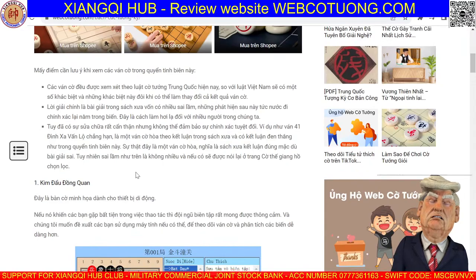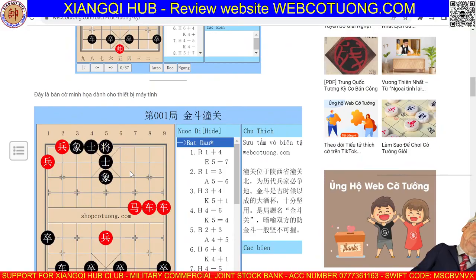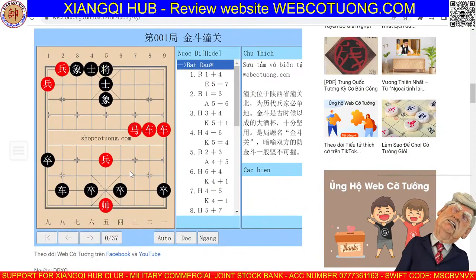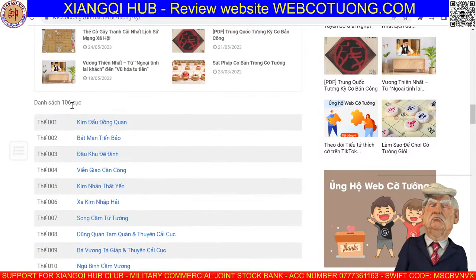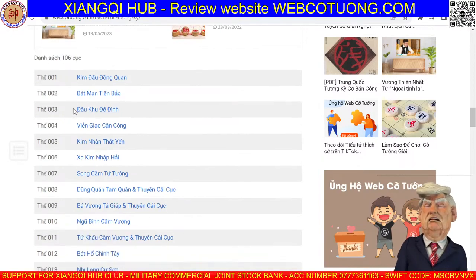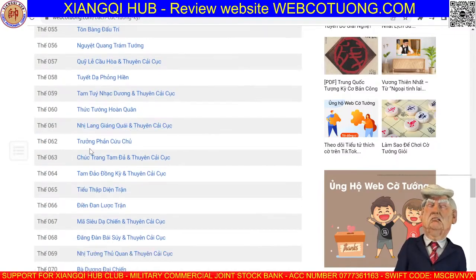Very good, isn't it? It's about the weasel, and they have 106 weasel. Very good work.